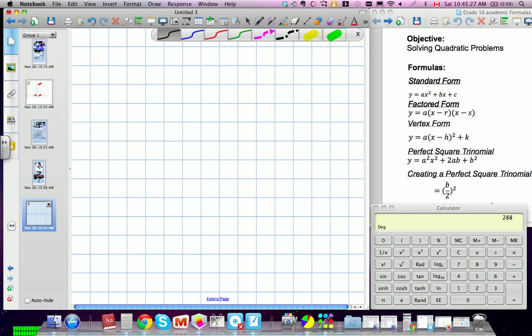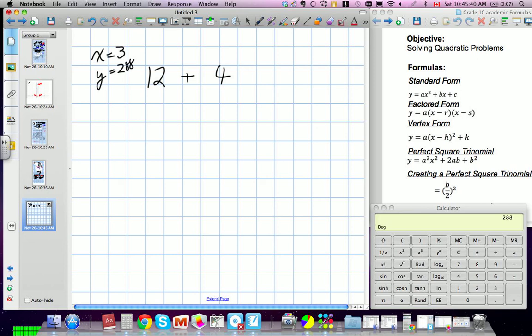Because our vertex was at 3, right? And our y value was 288. So we're just going to double check this. 3 and 288. So they decided that they were going to change the price 3 times. So our old price was 12. So this is P for price. Plus 12. The new price they decided, 12 plus 12 is what?